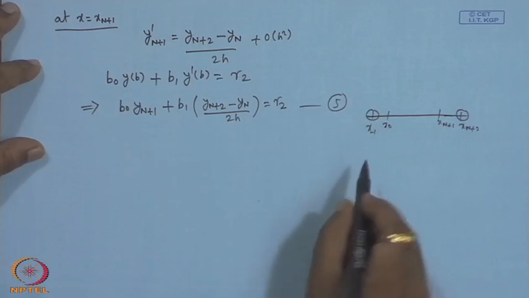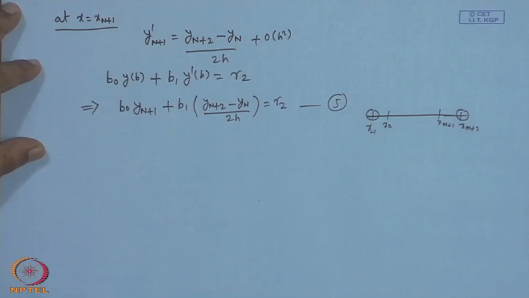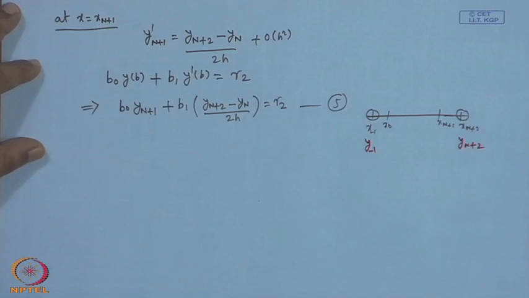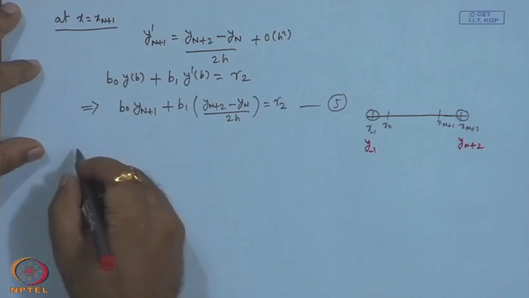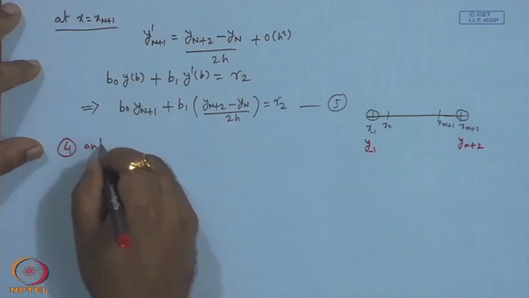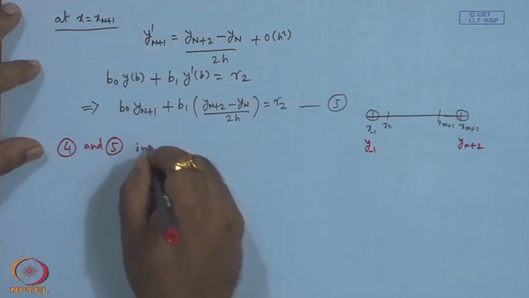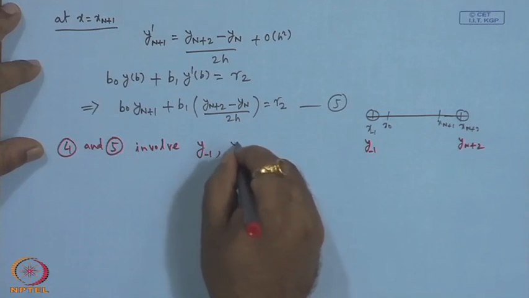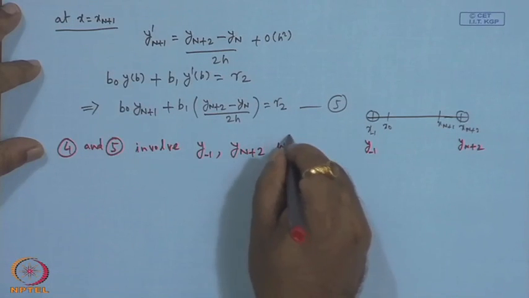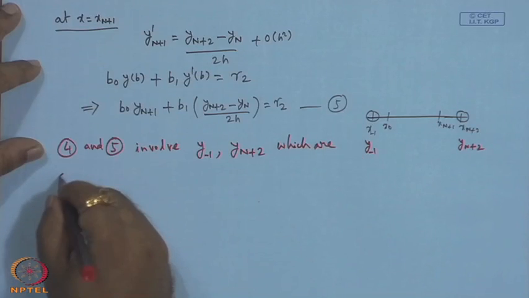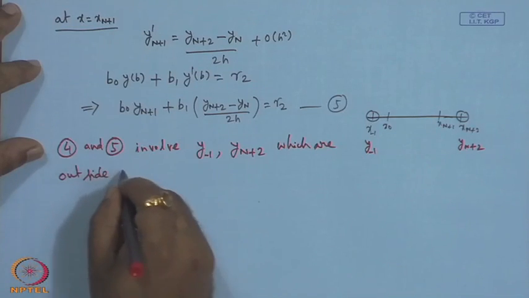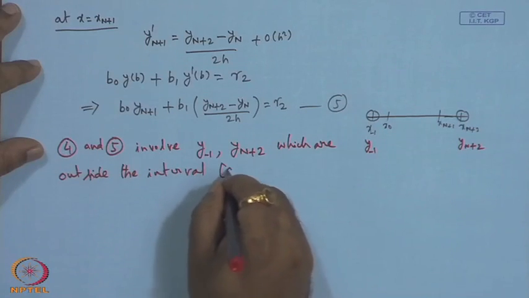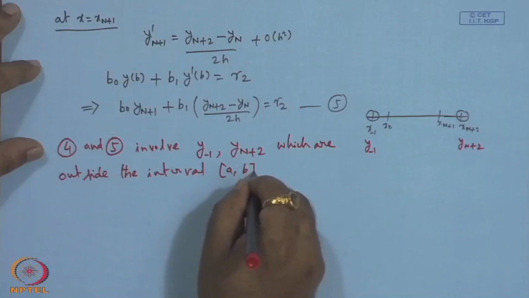These are different, and correspondingly we have equation 5. Equations 4 and 5 involve y minus 1 and y n plus 2, which are outside the interval a, b.